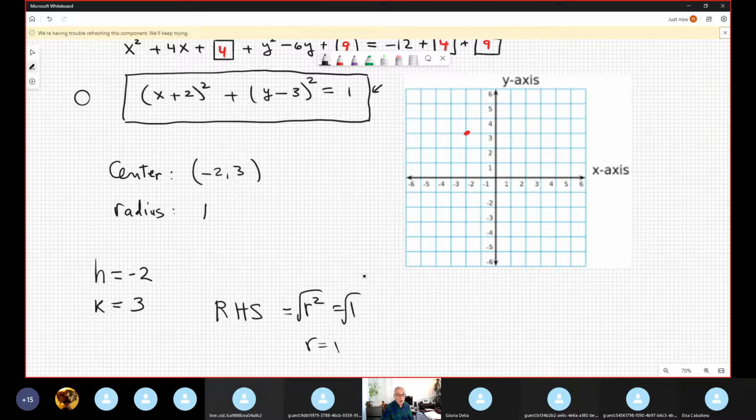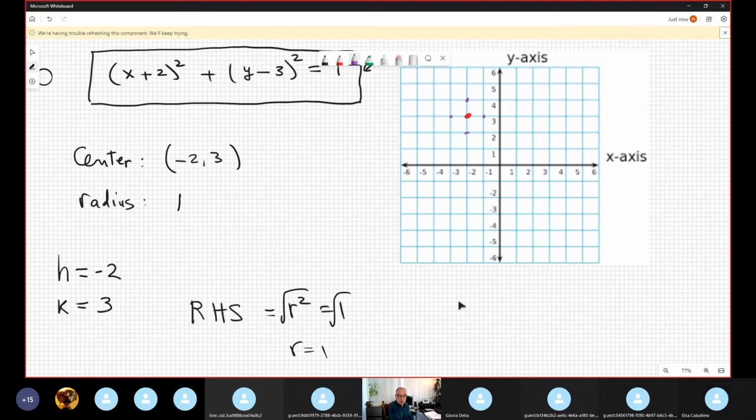Cool. So 1 in any direction. To plot by hand, I recommend that you do 4 extra points in any direction. For example, 1 up, 1 down, 1 to the right, and 1 to the left.